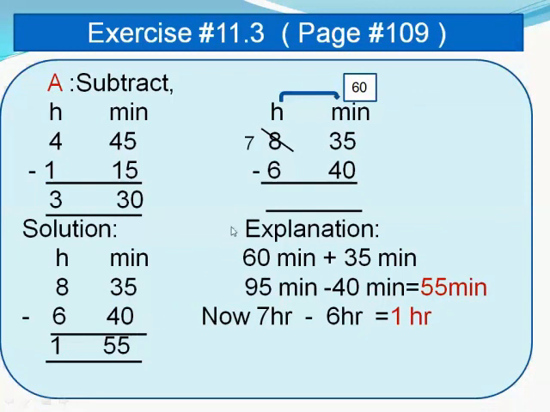Now move to the hour column. Here, instead of 8, how many hours remain? 7 hours. 7 hours minus 6 hours is equal to 1 hour. So instead of 8, here is 7 hours, and 7 minus 6 is equal to 1 hour.